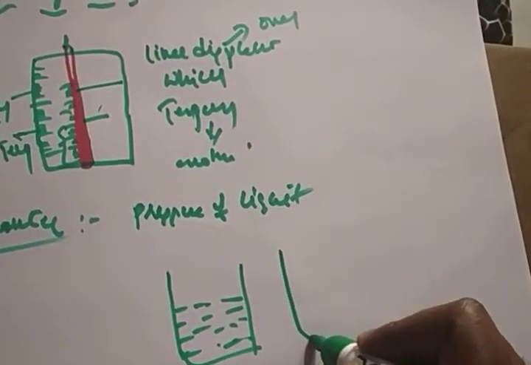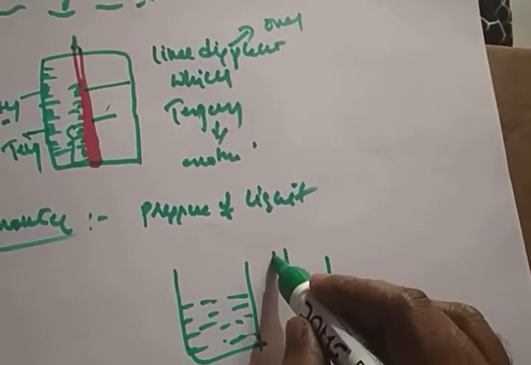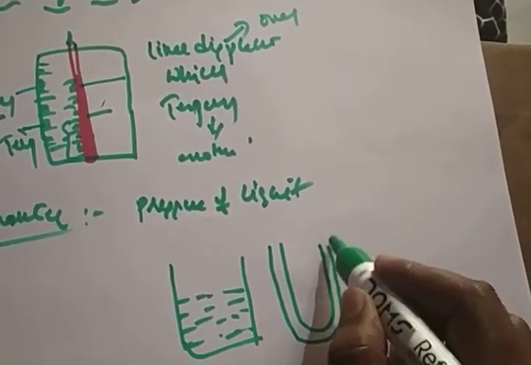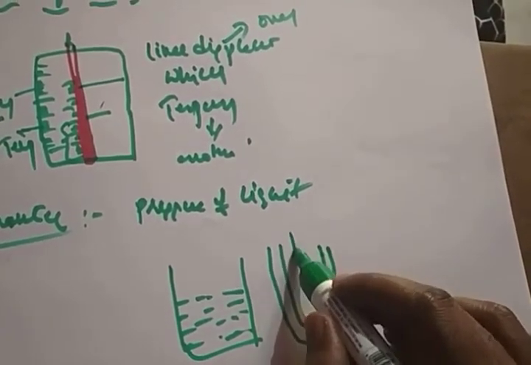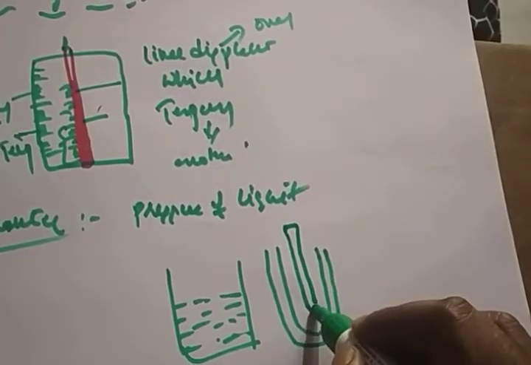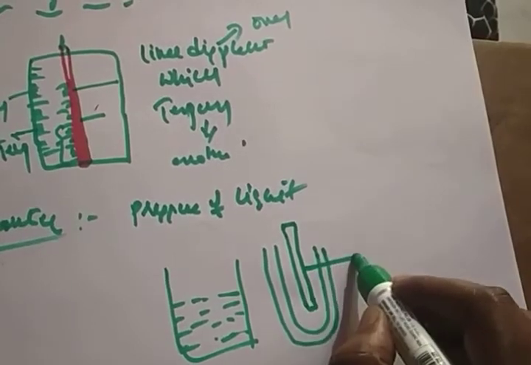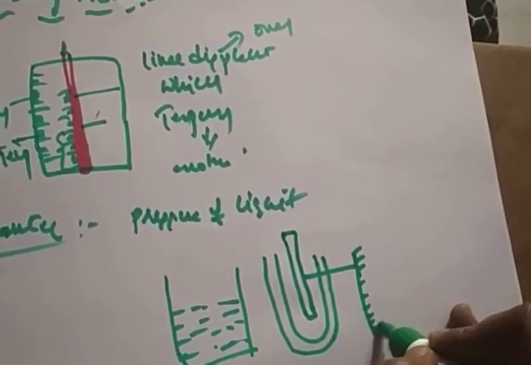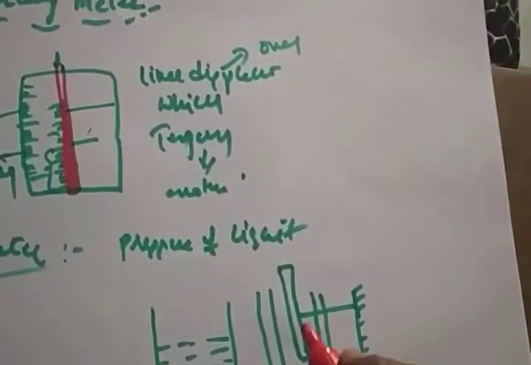You have a U-shaped tube. One side is kept open and one scale is fitted over here. This is a stand for the scale fitting, a scale which has some readings.